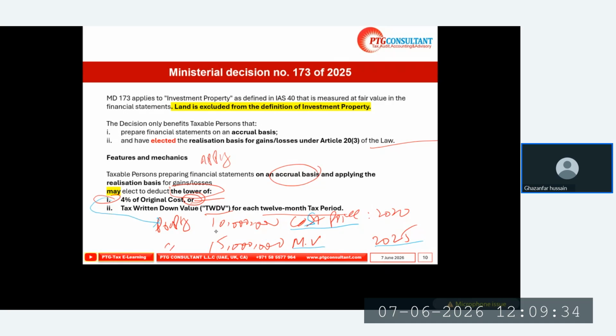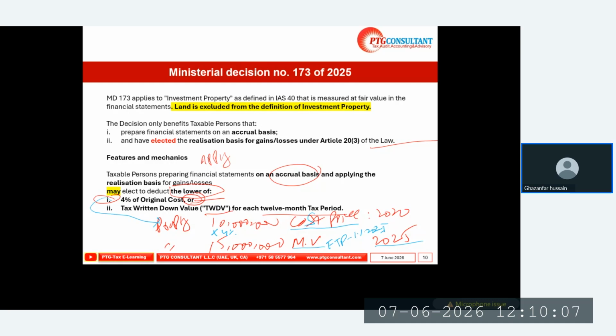So let's say 4%. Now the tax written down value, assuming the first tax period starts from 1st Jan 2025 as per the regulation. How are we going to calculate?